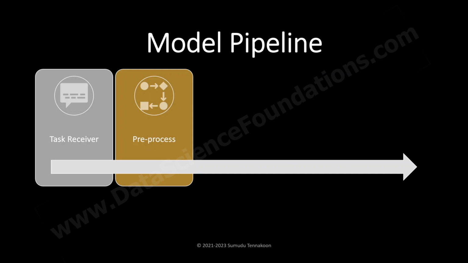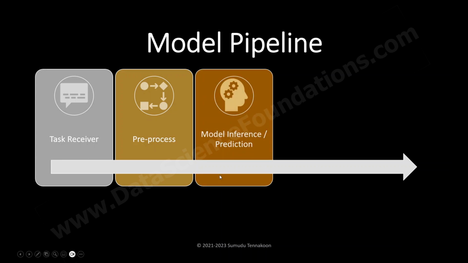And then you have to have a pre-processing task in your pipeline. The prompt may need to be pre-processed, and it may need to retrieve some data elements based on the task provided in the prompt. There could be some data retrieval involved, and then the combined prompt can be sent to the model for the inference or the prediction.